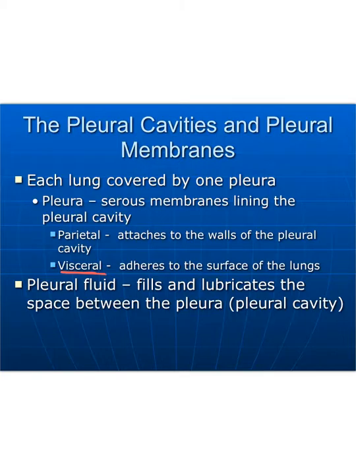The parietal pleura actually lines the left and right pleural cavities, which is the space in which the lung sits. Between those two layers, you have a small amount of fluid, the pleural fluid, and this is supposed to reduce friction between any other structures. Remember, the heart's right in between the lungs, so as it expands, you don't want friction to be created.